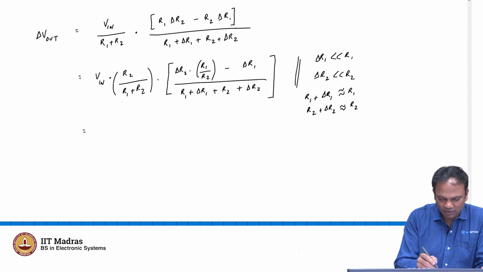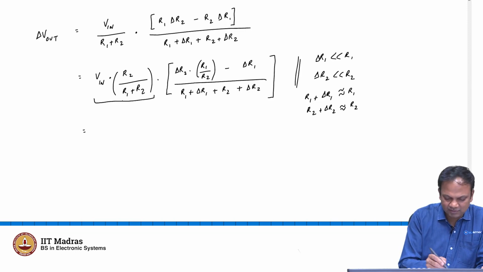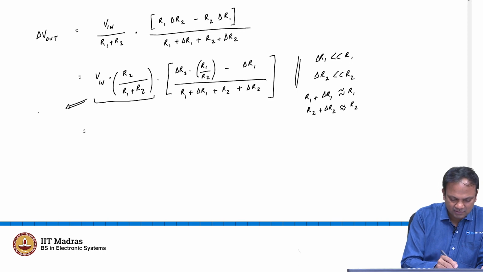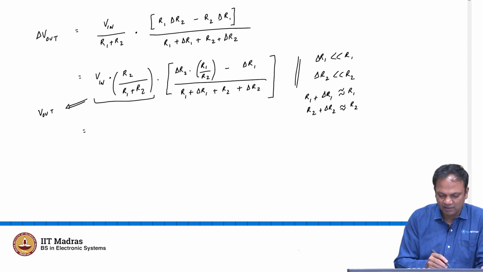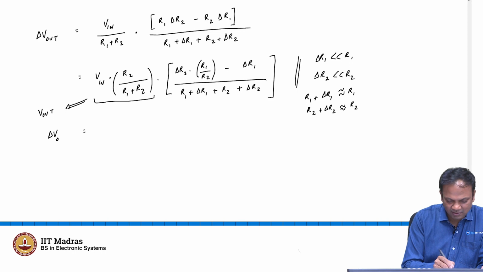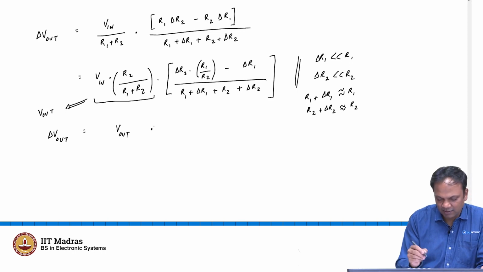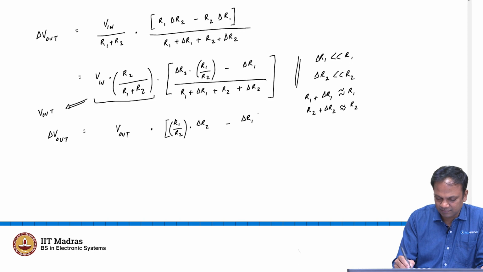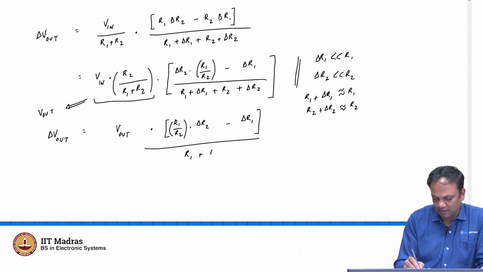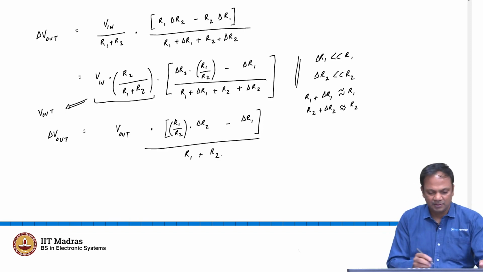And what is V in into R2 by R1 plus R2? This is V out, right. So we will say delta V out is now V out into R1 by R2 into delta R2 minus delta R1 divided by R1 plus R2, right.